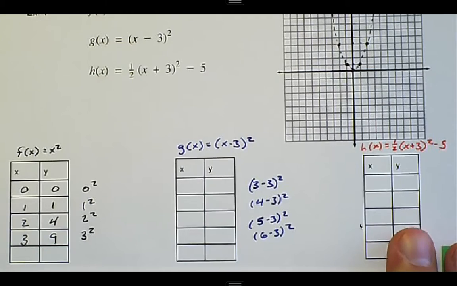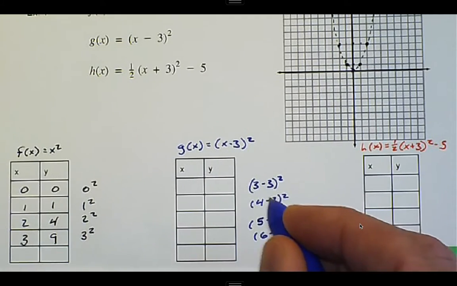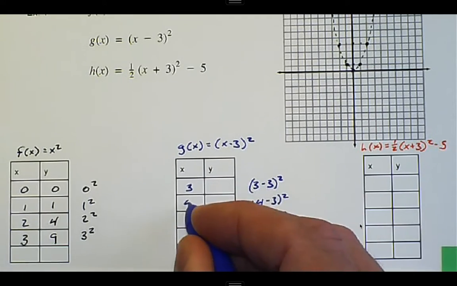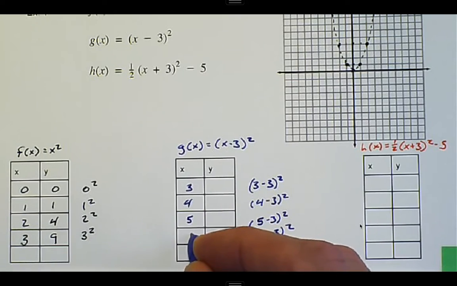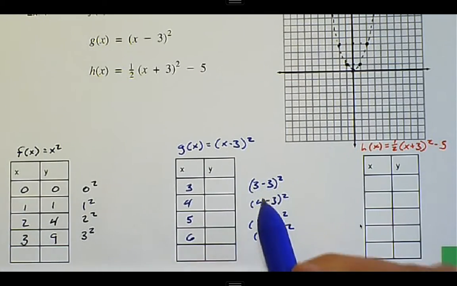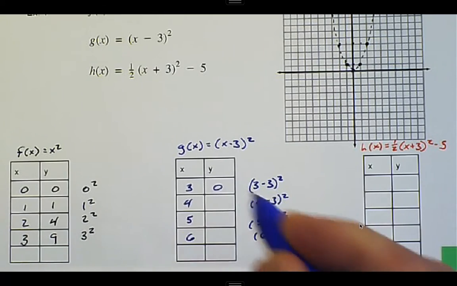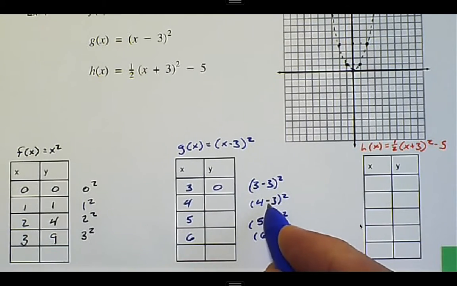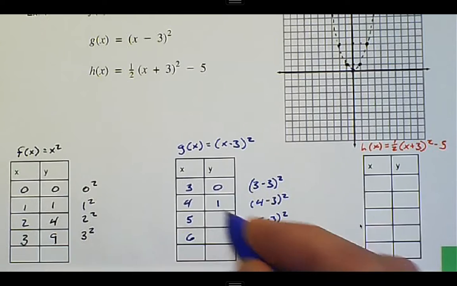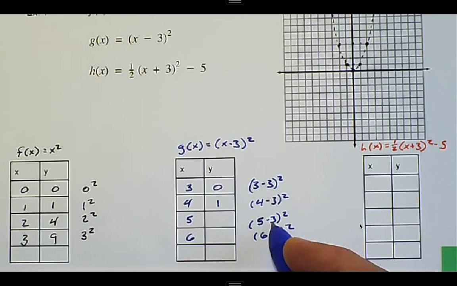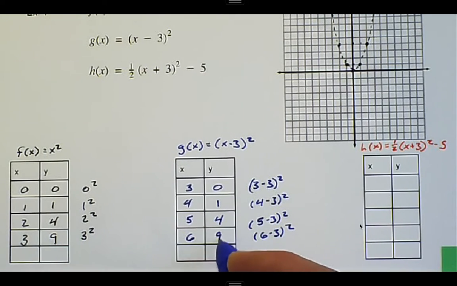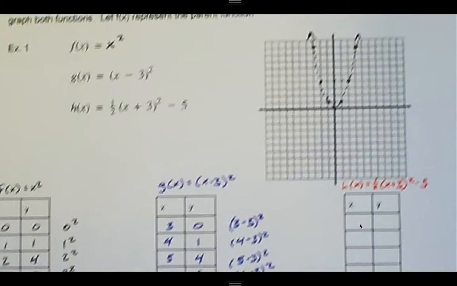So basically, we picked the points 3, 4, 5, and 6, and we want to see what's going to happen. 3 minus 3 is 0, squared is still 0. 4 minus 3 is 1, 1 squared is still 1. 5 minus 3 is 2, 2 squared is 4. And 6 minus 3 is 3, squared is 9. So we can plot those points there.